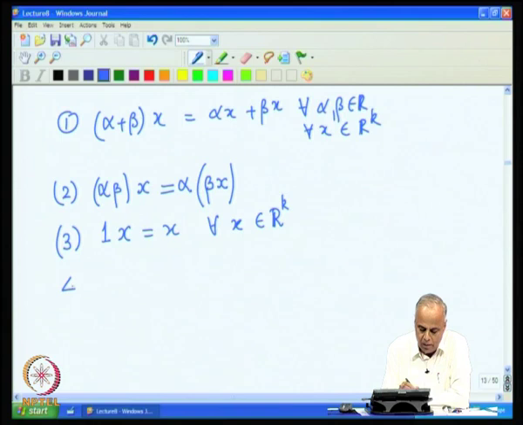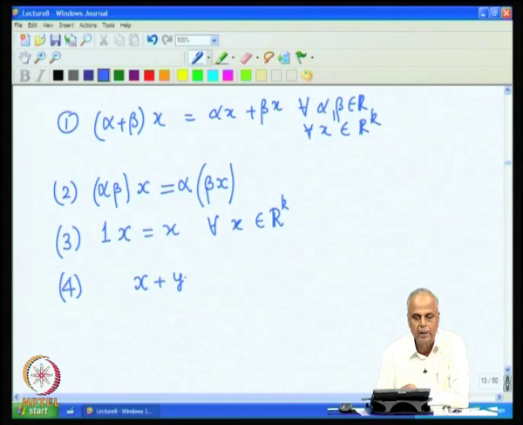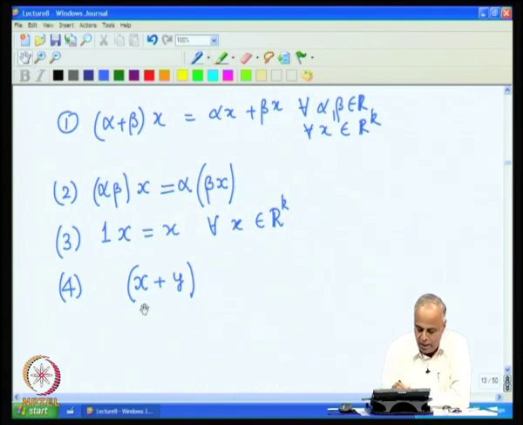Then finally, supposing I have an element in Rk, I take another element in Rk, now I can combine or add two elements in Rk, and that will be again an element in Rk. So, I have an element in Rk here, I can now combine an element in Rk with a scalar.